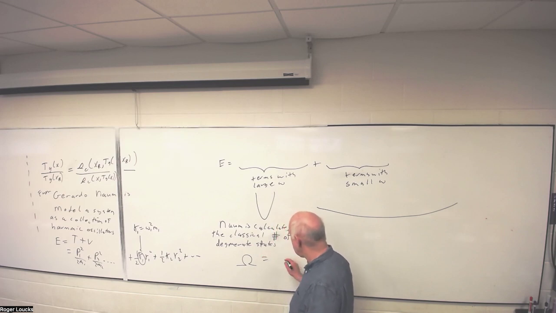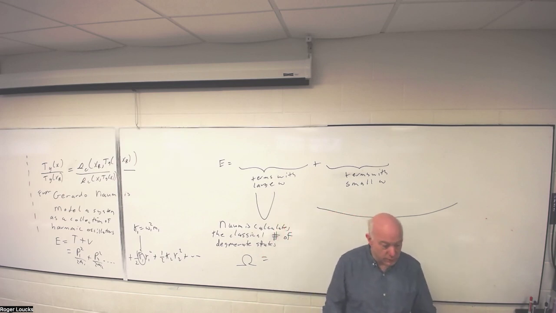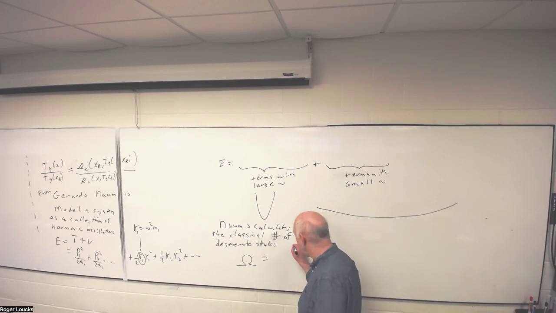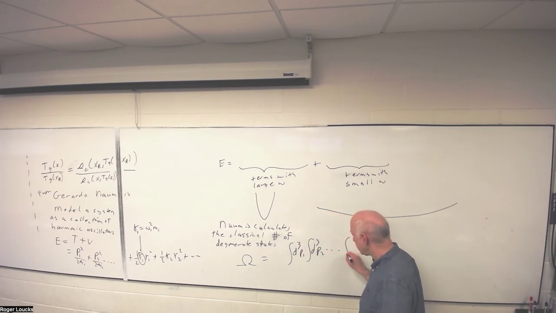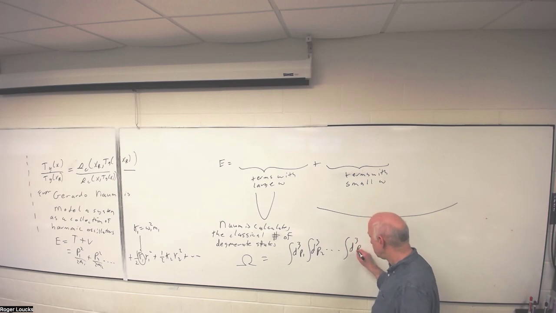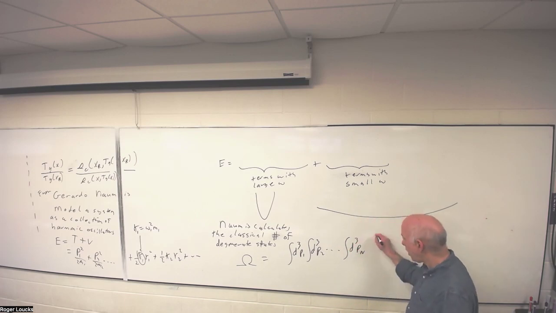It's going to be the partition function without having basically your Boltzmann factor. He's just going to count states. So he's going to do an integral over all the P1 values, integral over all the P2 values, all the way to the last one, and all the positions.